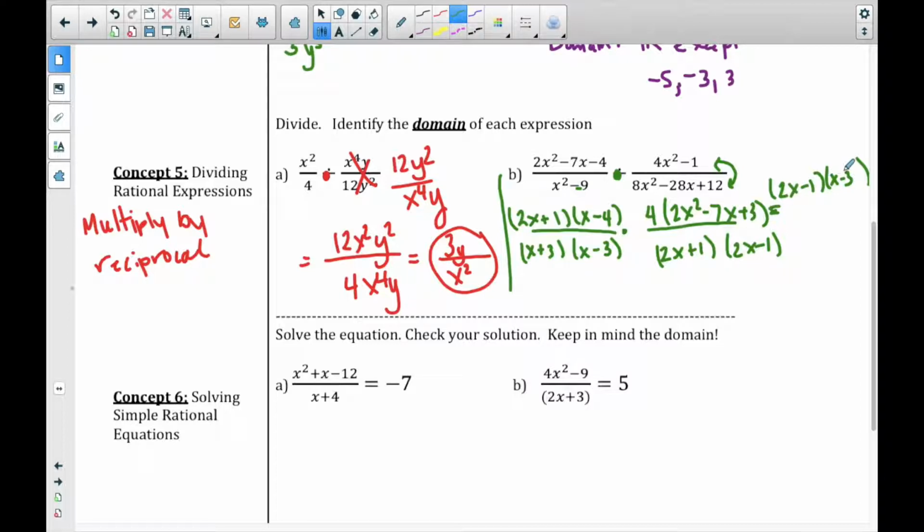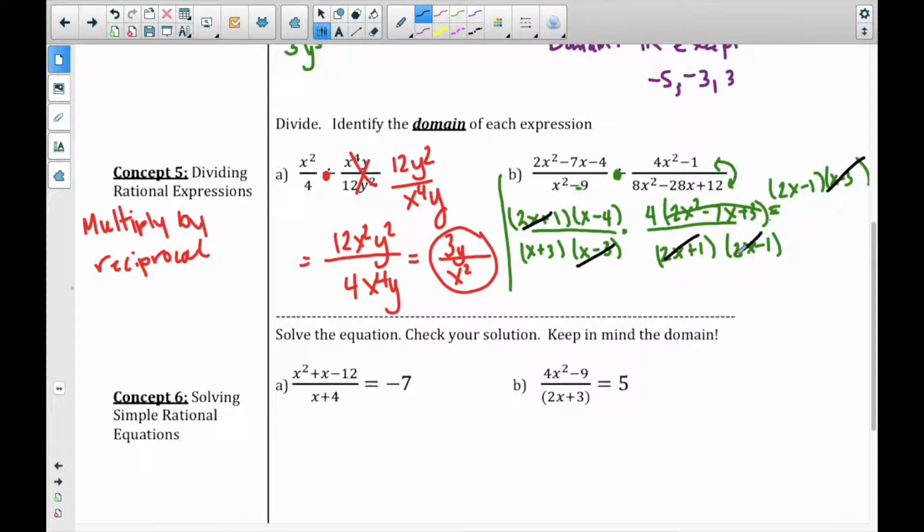And now, since I've already factored this one down, I'm going to cross that out so I don't lose track of it. Now I'm ready to start crossing out factors. So I'm looking for common factors here. I have an x minus 3 and an x minus 3. I have a 2x plus 1 and a 2x plus 1.